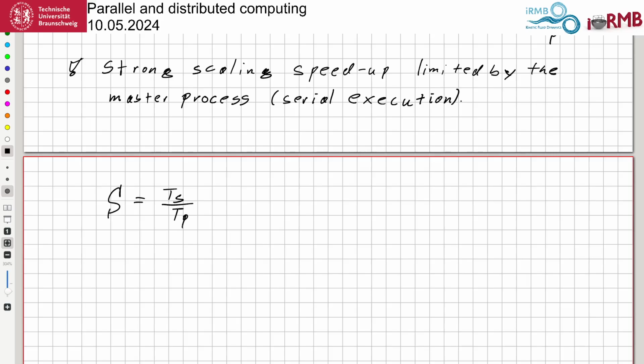Now the parallel execution time is n times sigma infinity, so this is the asymptotic version, plus nb divided by p. So this is the above equation for the parallel execution time. What would be the serial execution time?